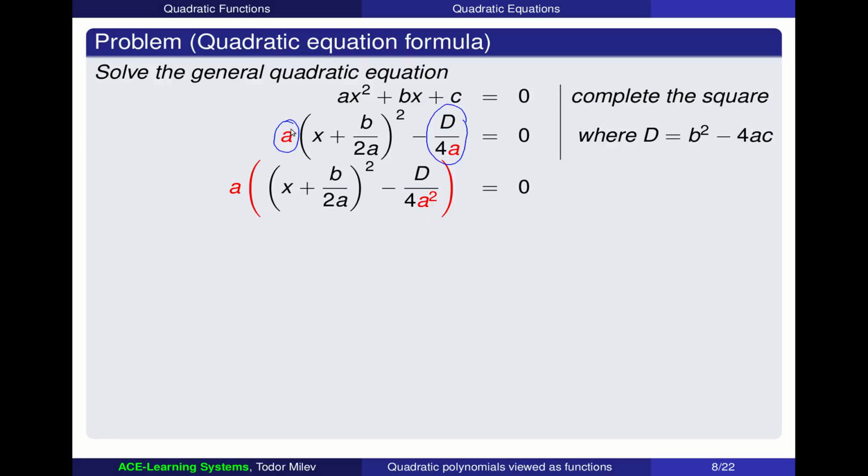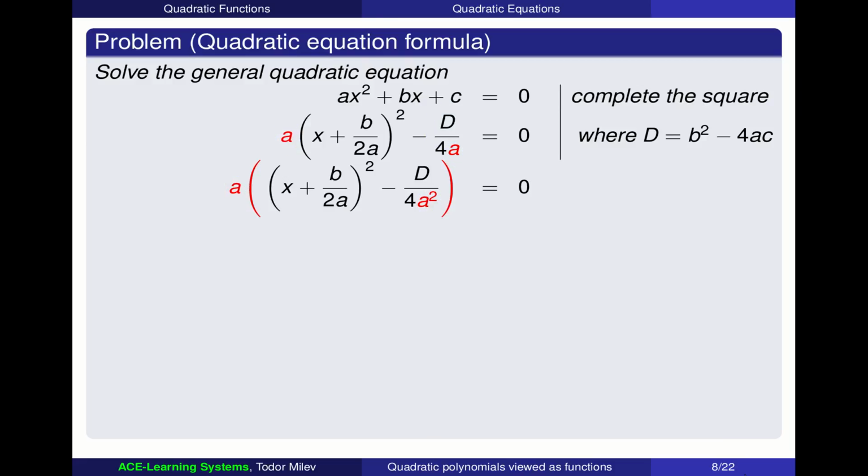So this a, when we factor it out of d over 4a, it becomes a squared. So a times a squared, so the quotient of these two terms is equal to 1 over a, this term here. So we have factored out a.